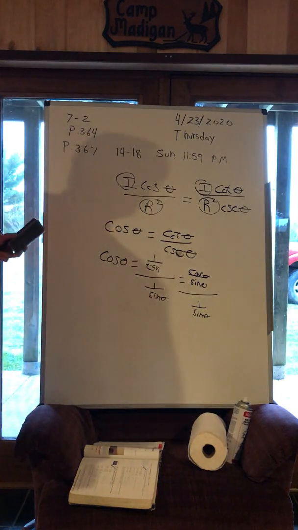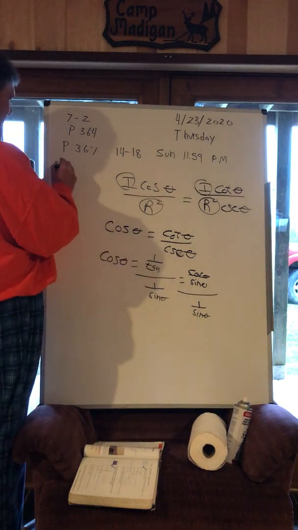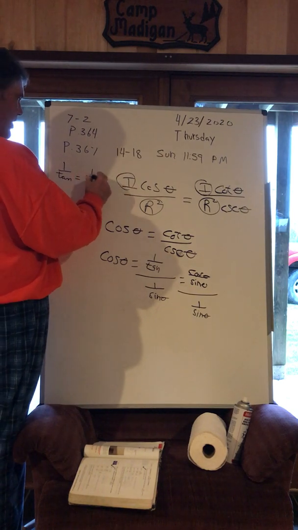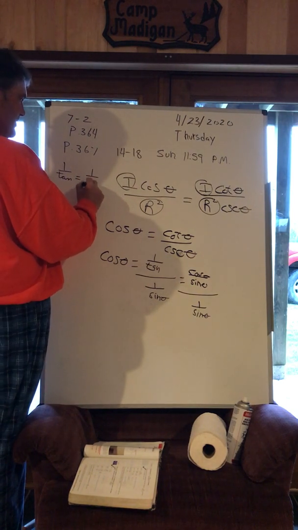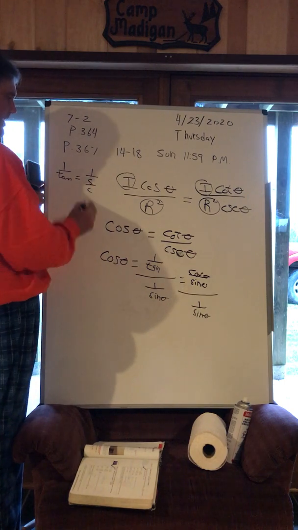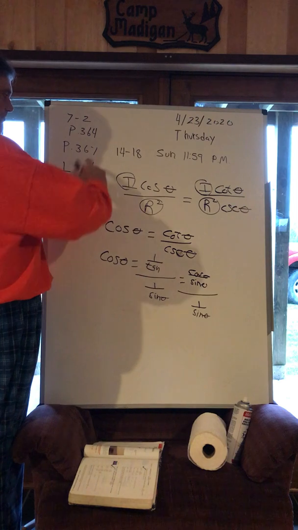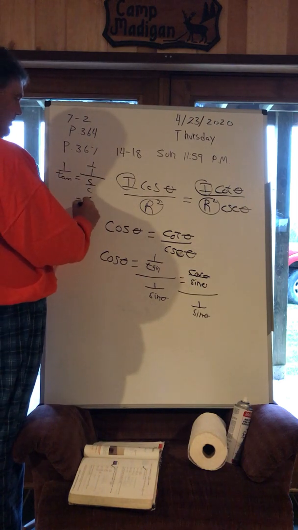Now, how do I do that? What is 1 over the tangent? Think of it as this. 1 over the tangent really equals 1 over the sine over the cosine. Well, think of 1 as 1 over 1. Invert and multiply, it really equals the cosine over the sine.